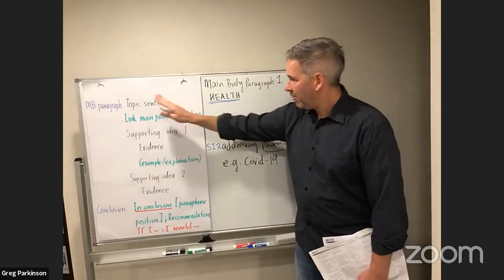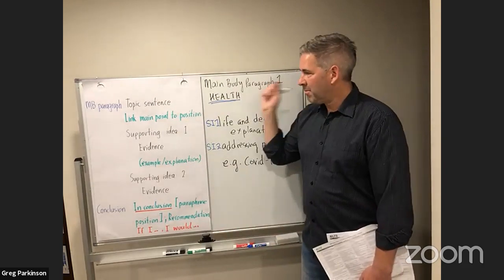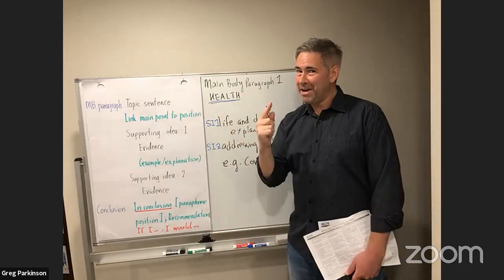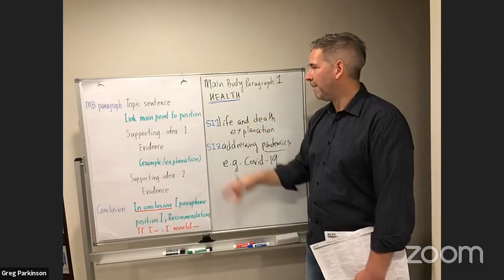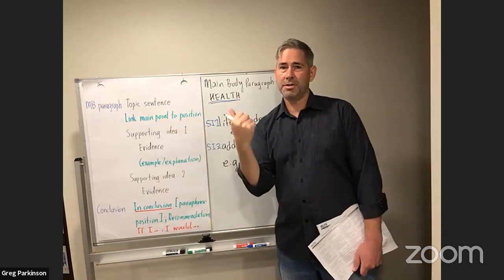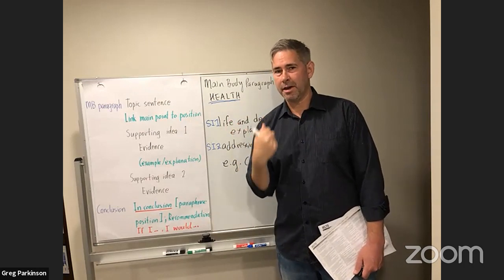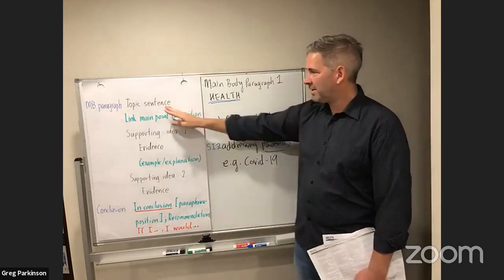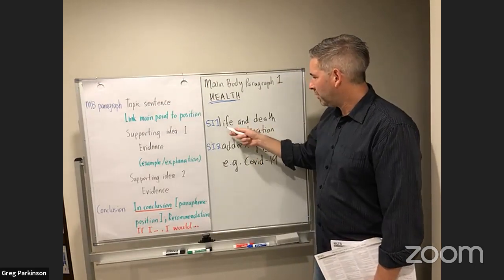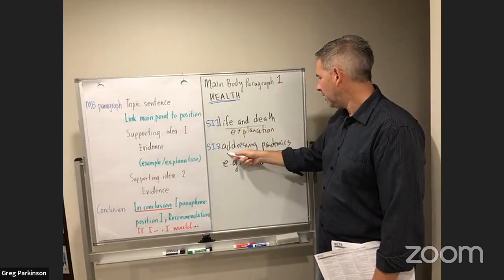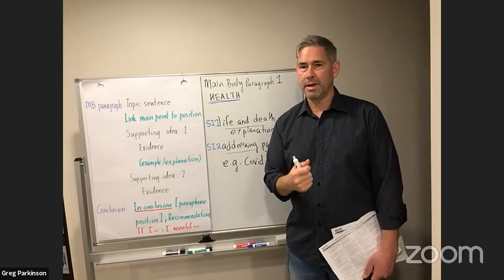So with the topic sentence, the main thing is you need one because it shows a clear topic of each paragraph, but it should also link back to your position, so it makes the essay cohesive. So it doesn't really matter how you write it, but I would probably try to draw in the main focus of the essay.